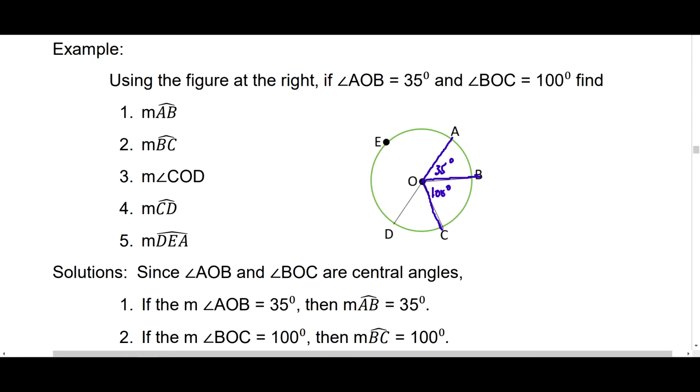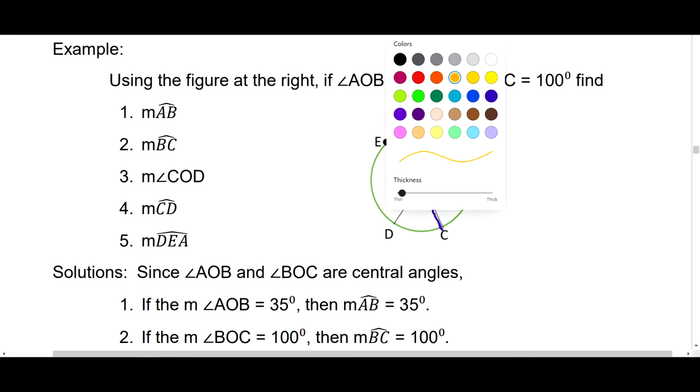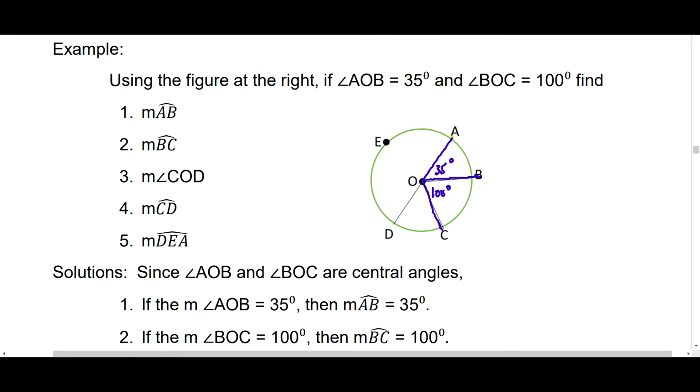So, si arc AB, if AOB is 35, therefore, si arc AB is also 35. Arc BC is also 100 degrees. Now, if this is 100 and this is 35, using SLEM kanina natin, arc addition postulate, 135.